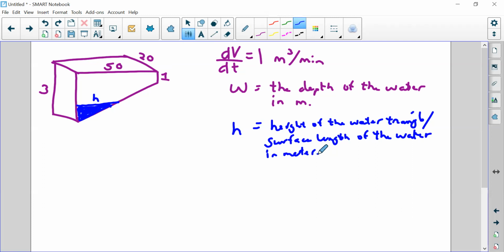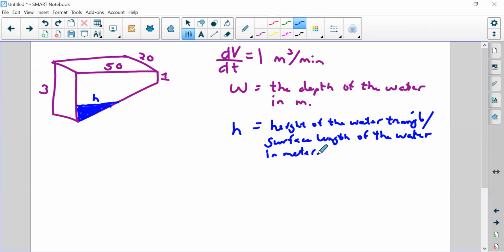All right, so what do we want to figure out? What are we trying to find for the first question? It says, how fast is the water level rising 250 minutes after the filling begins? So we want to figure out how fast is the water level rising. So what calculus notation would I use to describe how fast the water level is rising?